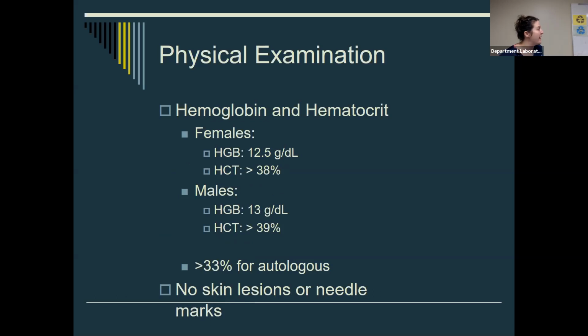All right, hemoglobin and hematocrit. For females, the minimum hemoglobin has to be 12.5 grams per deciliter. The hematocrit has to be greater than 38%, right? For males, the hemoglobin is just a little bit higher, 13 grams per deciliter, and your hematocrit is greater than 39%.